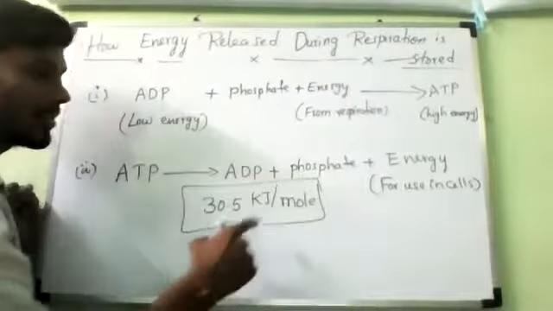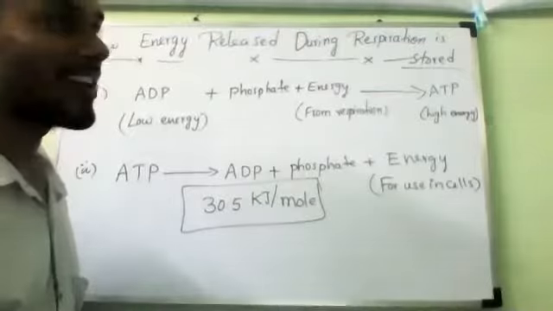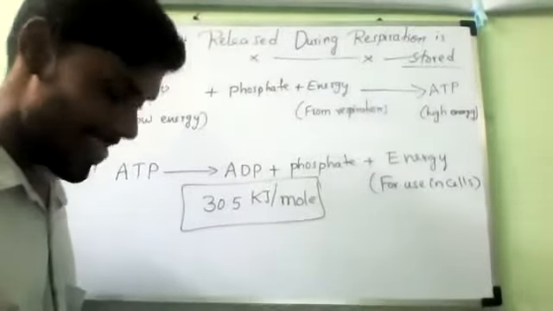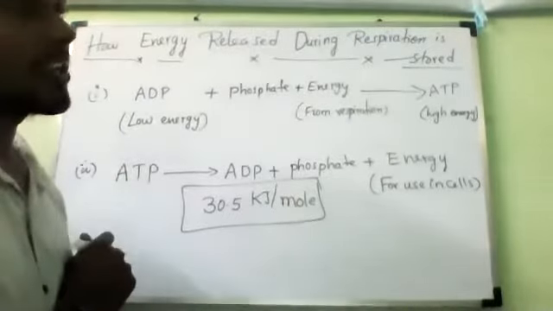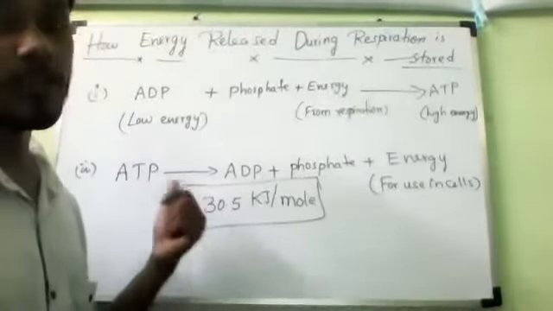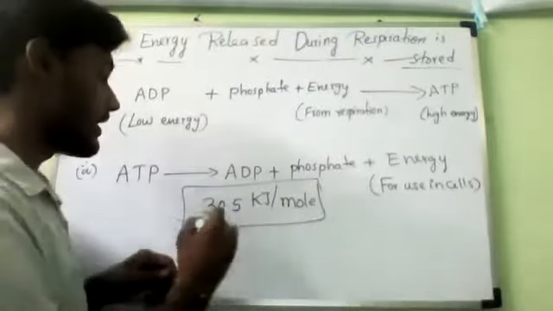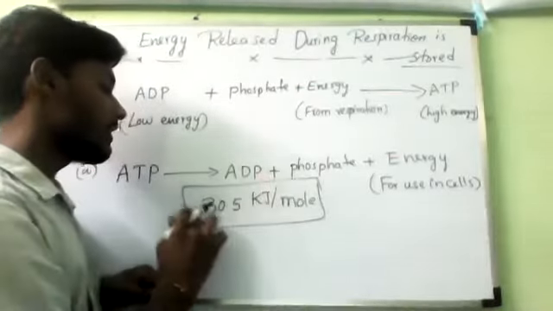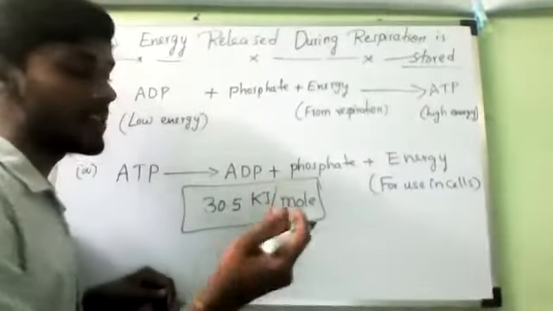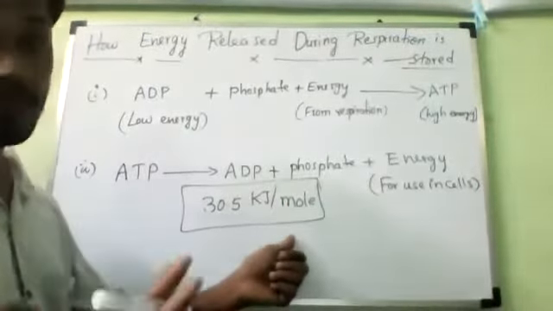So mole means mole concept, have you remembered it from 9th class chemistry? 1 mole of ATP, if you take, releases 30.5 kilojoules of energy.